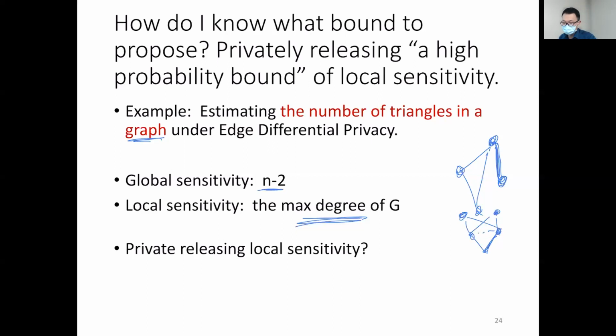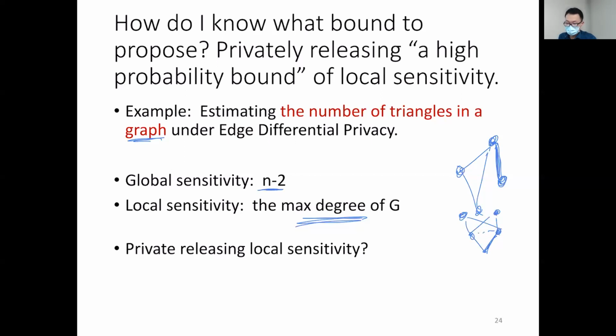What if we add noise proportional to local sensitivity? We run into the same issue: local sensitivity itself could reveal sensitive information. But in this case, it can be easily seen that the local sensitivity, or the maximum degree of this graph G, has a bounded global sensitivity.